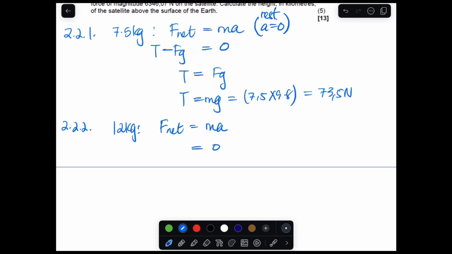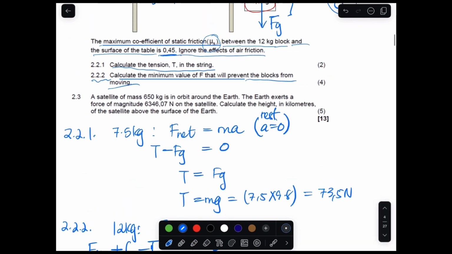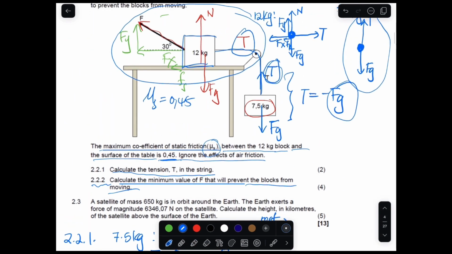What are the forces that are acting on the 12 kg object? We have an Fx that is positive, we have an Fs that is positive as well, minus the tension. The tension force is negative because it's going to the left. Where do I get that? Here.